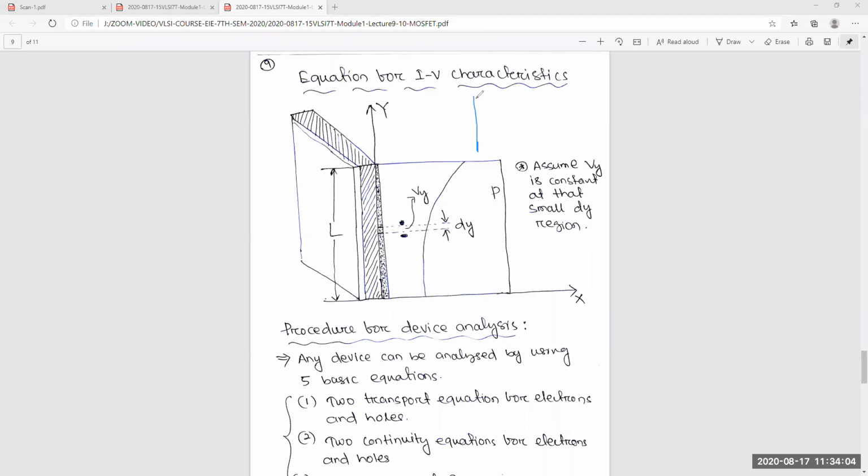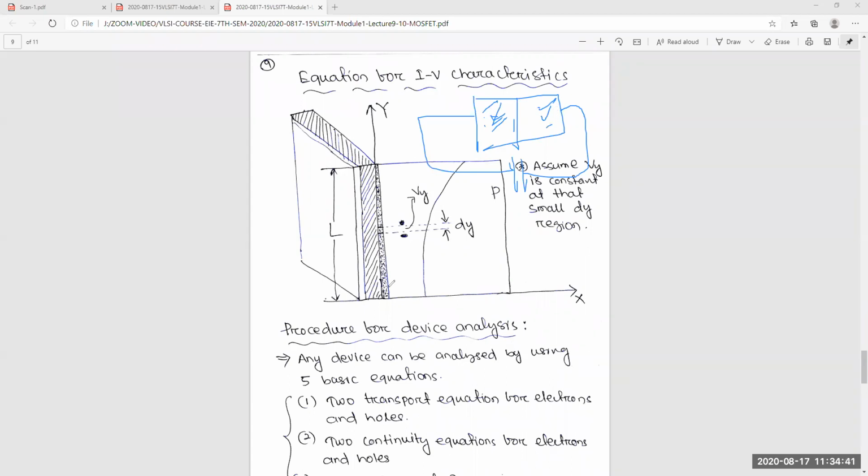Suppose in a p-n junction, more electrons are in this part and fewer electrons are in that part. Obviously the electrons will flow from higher concentration to lower concentration, or not? Yes, sir. That is diffusion. But if you are giving a supply here, due to that supply electrons will flow, that is drift. And due to higher concentration to lower concentration, that is diffusion.